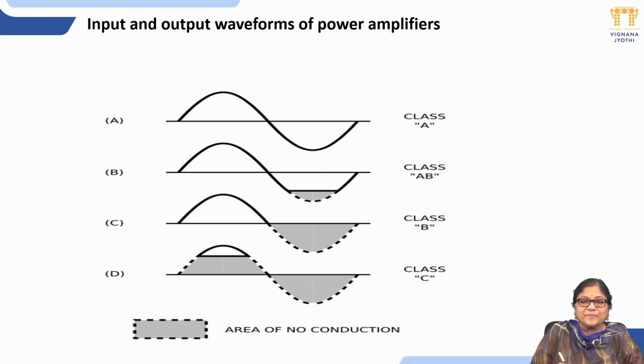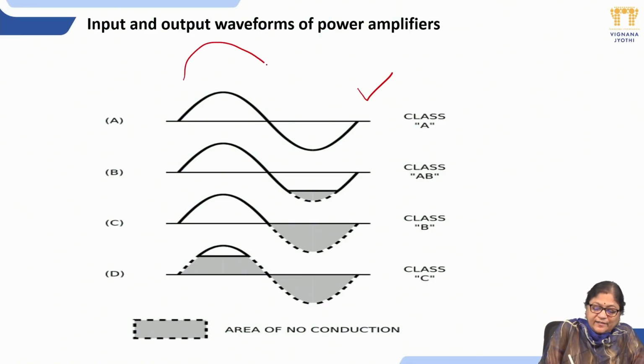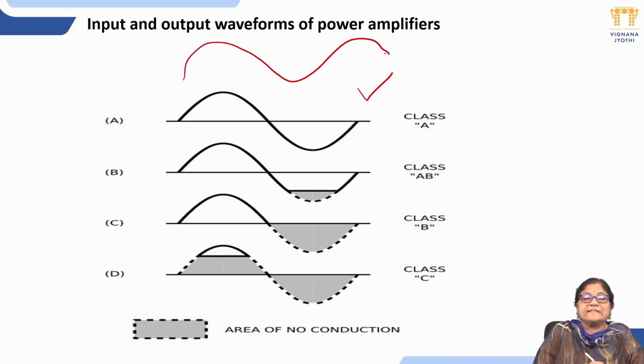If you look at the waveforms before going to the operation, this is the output of class A when an input is provided as this AC signal. If you look at the class AB output, this portion is not going to be allowed. That is the portion which is eliminated. So the remaining portion is going to appear at the output.